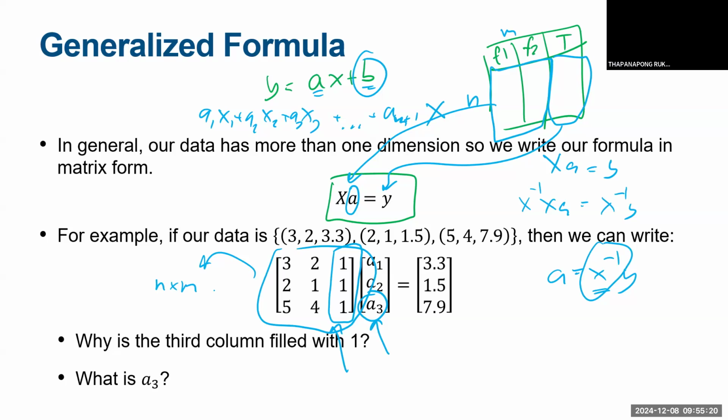You never compute an inverse using a computer because it's going to take a long time. So if we cannot find the inverse, what should we do?